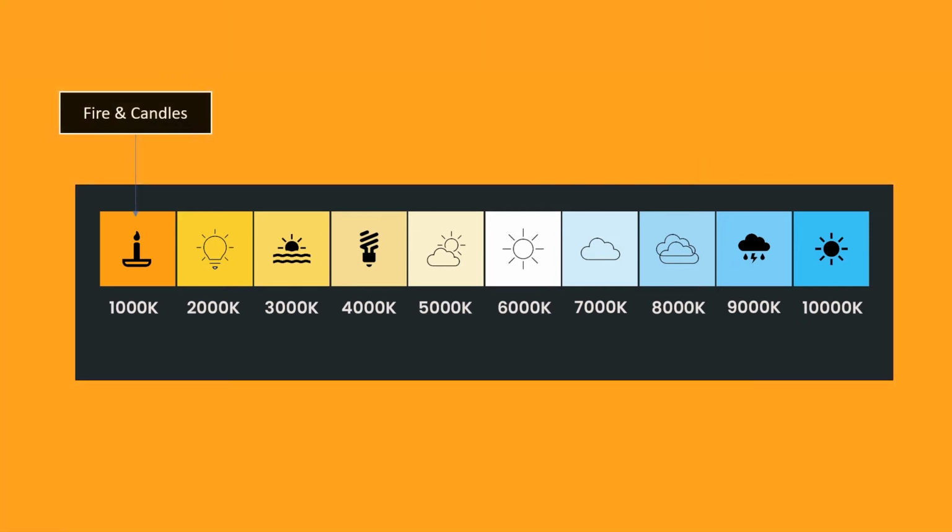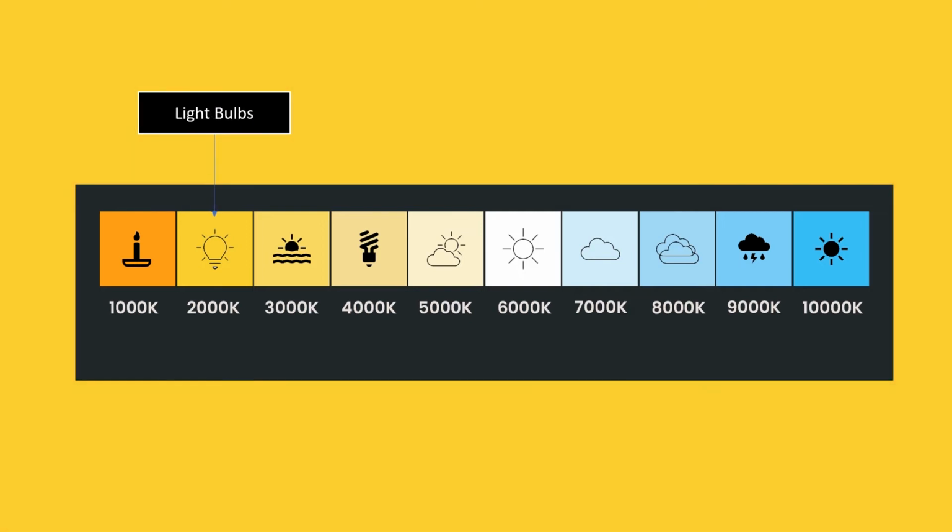First, you have fire, candles, bonfire, etc. that you get from 1000 to 2000 Kelvins. From 2000 to 3000 Kelvins, you get the light from electric bulbs.